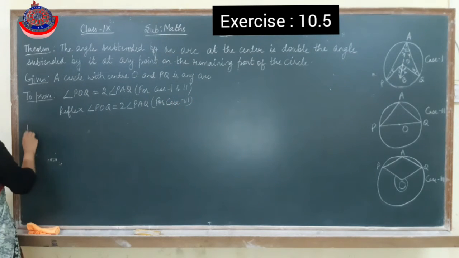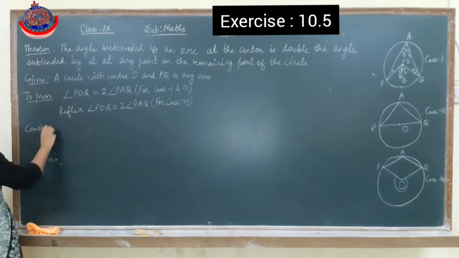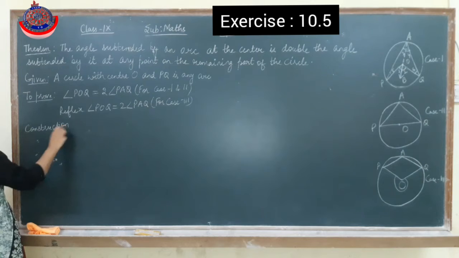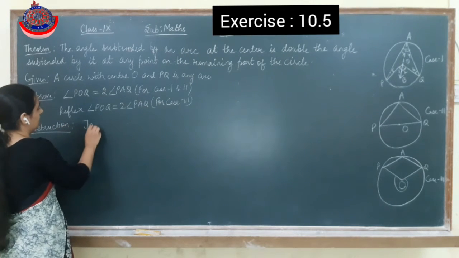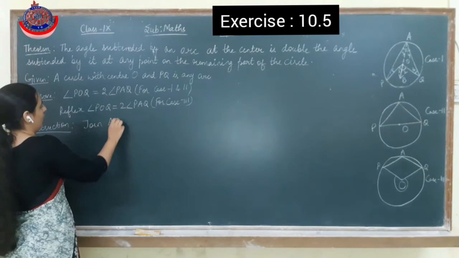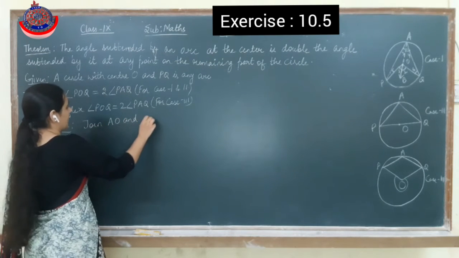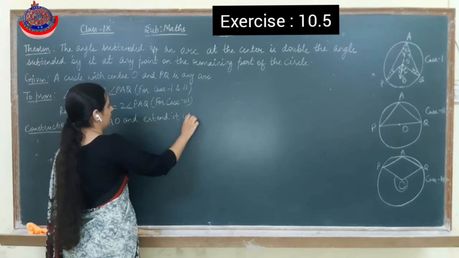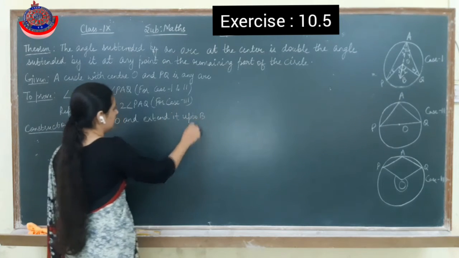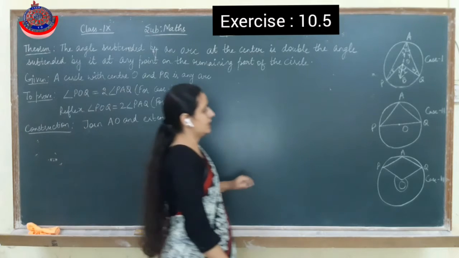Now how will we do the proof? Before that, let us write the construction. Join AO and extend it up to B. We have to do this in all three cases.